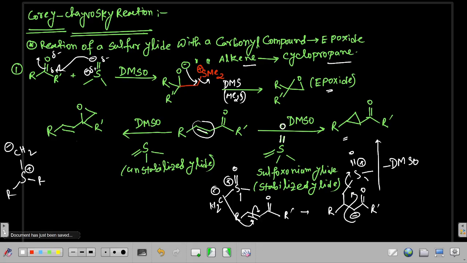Here this halide will react with this carbonyl group, not with this alkene. So it will form this epoxide.